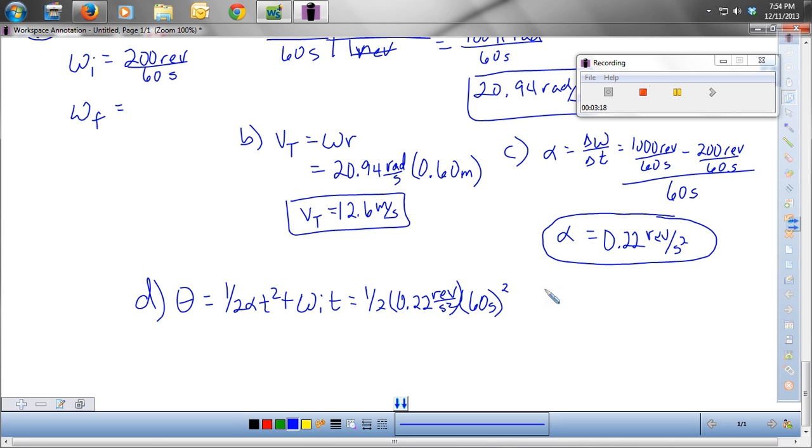Don't forget to square it. Plus omega i. Omega i was my 200 revolutions every 60 seconds, which is 3 1/3 revolutions per second. And I'm going to turn that for 60 seconds. So I did all that math, and I got 600 revolutions.